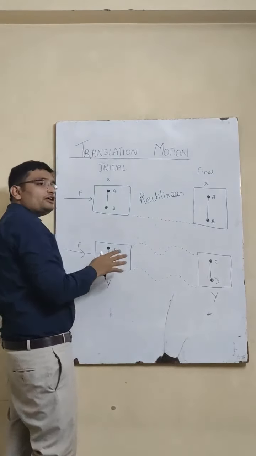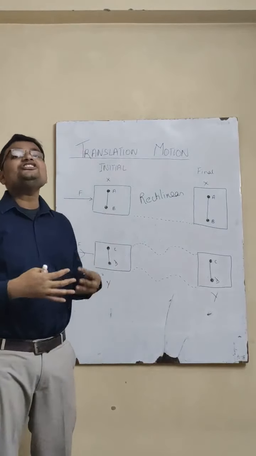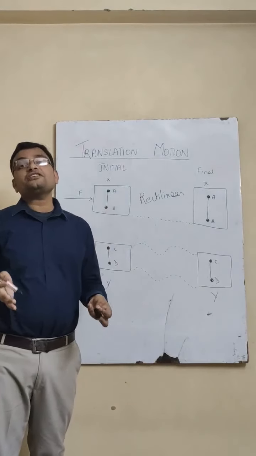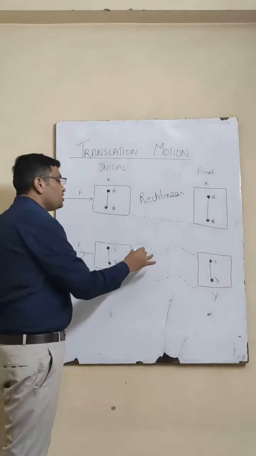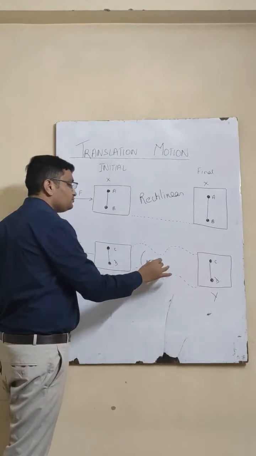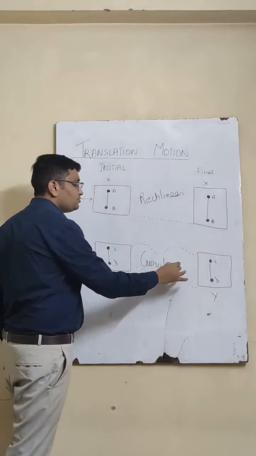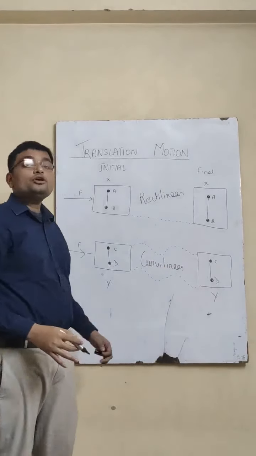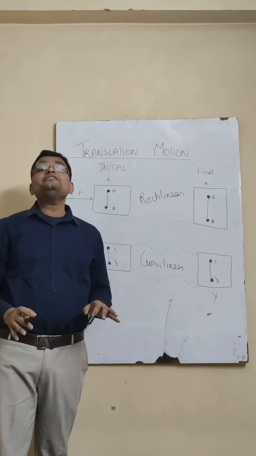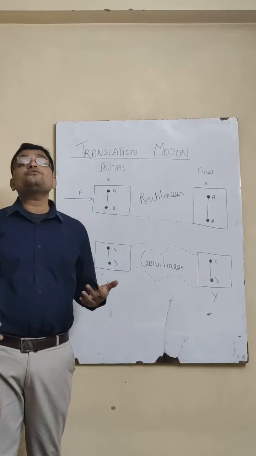And if the path followed by the body is a curve or zigzag path, while it is in translation motion, then it is called curvilinear translation motion. So I hope you get the point: what we mean by translation motion and the types of translation motion.